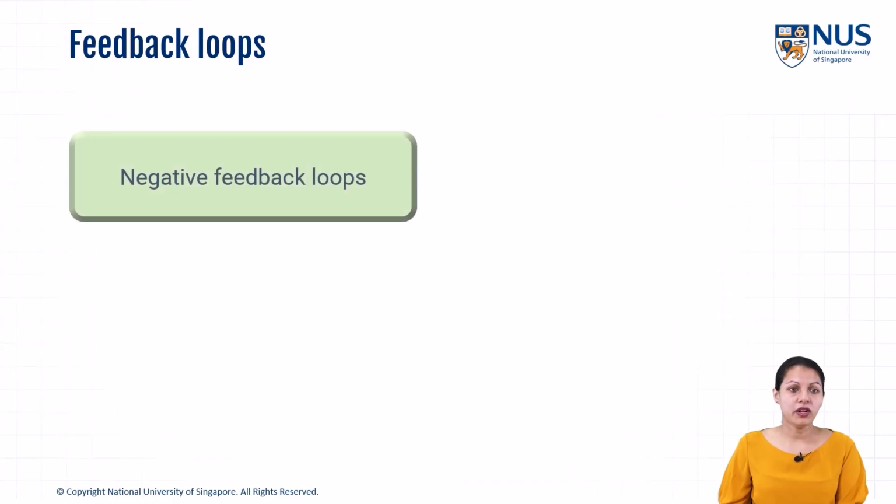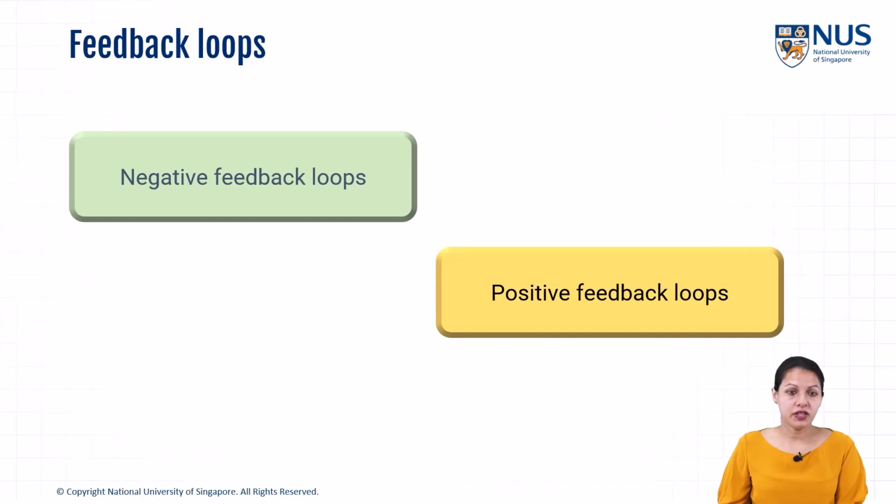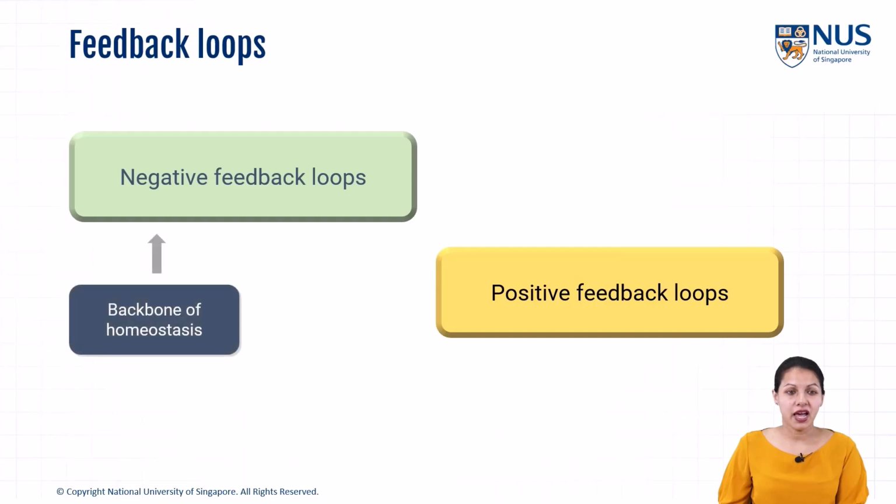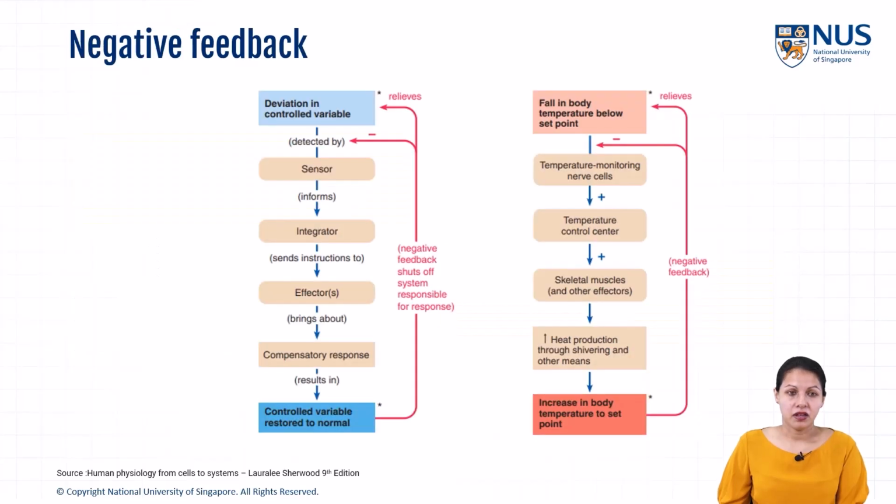We have negative feedback loops and we have positive feedback loops. Most feedback loops in our body are negative feedback loops and they act as the backbone of homeostasis. Let's look into a negative feedback loop.